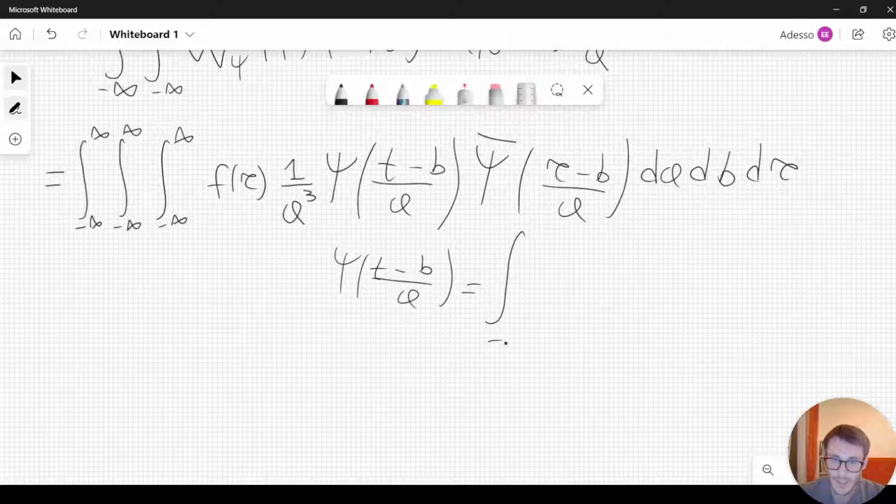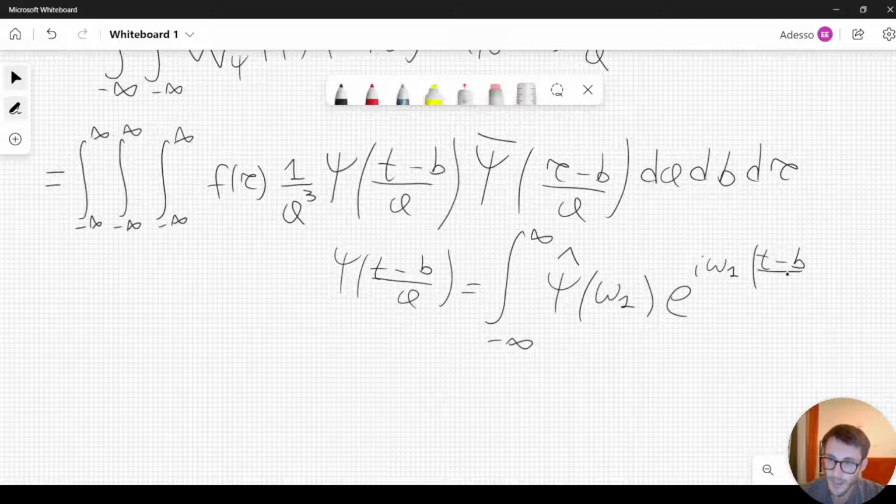It's an integral from minus infinity to plus infinity of psi hat, which is the Fourier transform psi of omega 1, and then I have e to the i omega 1 t minus b over a, which is the argument that appears here, and then I have d omega 1 over 2 pi. And I will do, of course, something similar for psi bar, and instead of t, I have tau, but nothing major changes.